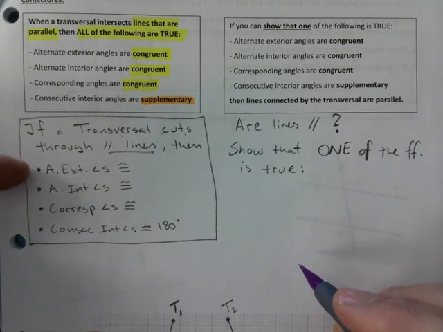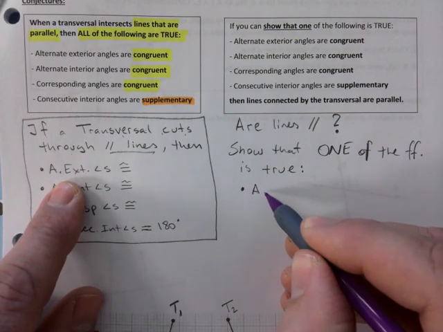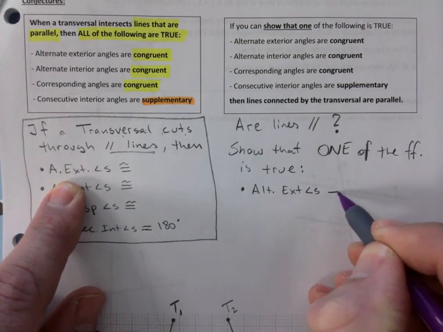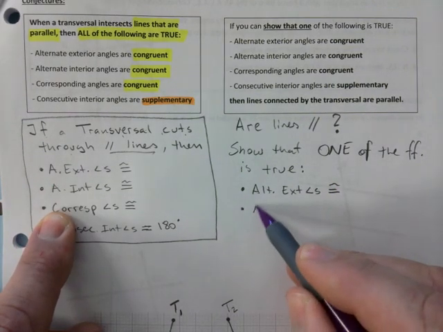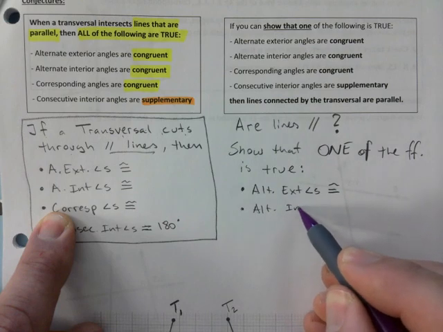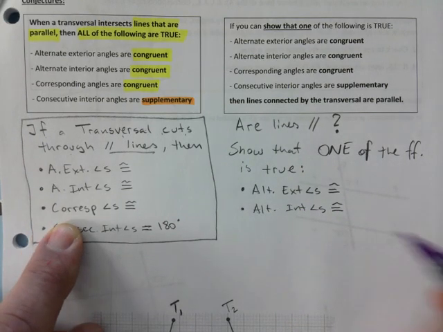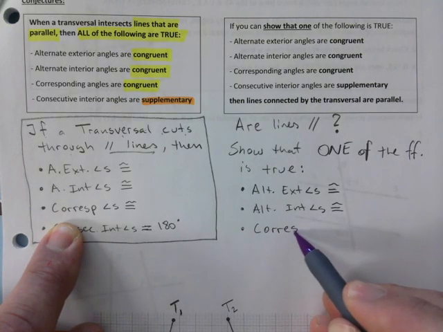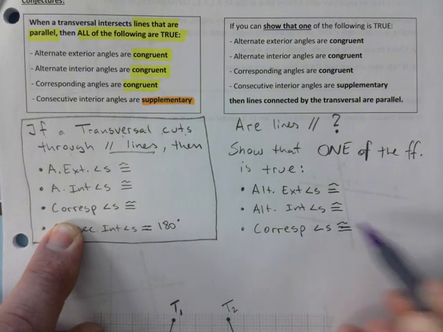And guess what? I'm going to copy paste this. I'm going to copy alternate exterior angles. Show me that they are congruent. Or alternate interior angles. Show me that they are congruent. Because sometimes it's easier, like it could be that one of these is easier to show and requires less work than the other.